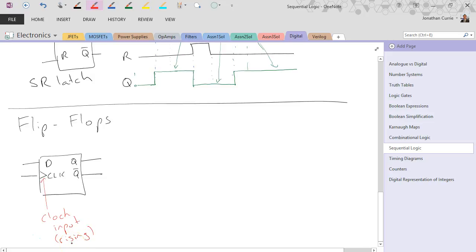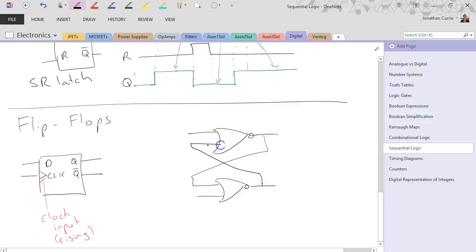Now you don't need to remember how these circuits are drawn, but I'll just quickly show you how they are. So a couple of NOR gates, as we saw before, feedback between them. We're also going to add in a gated circuit and NOT gate. A little bit complicated here.